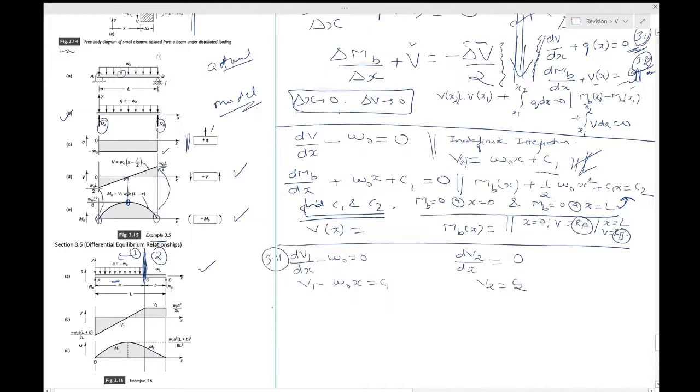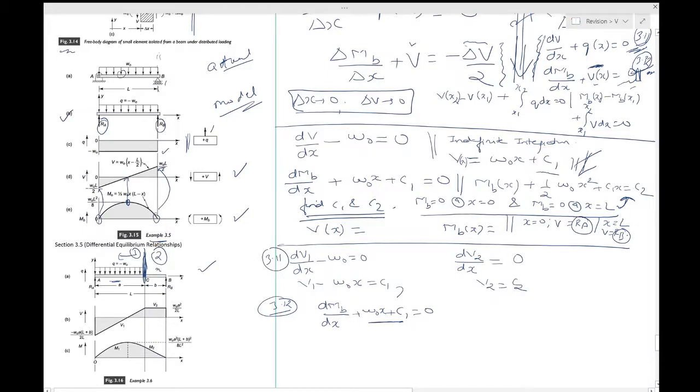Now you want to write 3.12 in these two parts. For the first part, again you will be writing dmb1 by dx. This is just the previous case in which you had a uniform loading, plus c1 is equal to 0. This c1 is coming because I have just substituted v1 of x from over here.